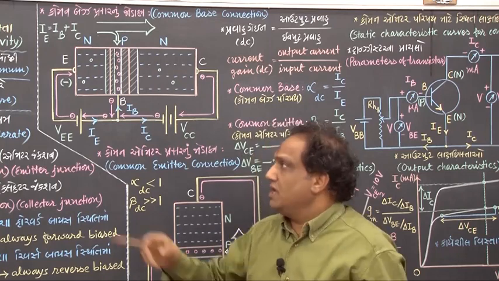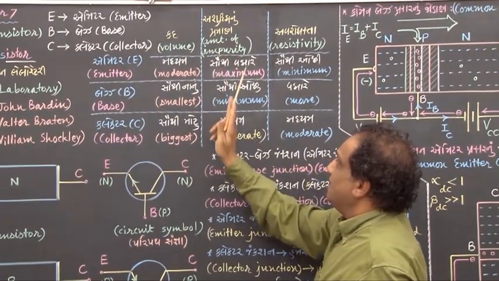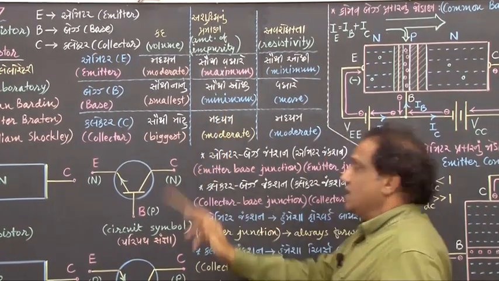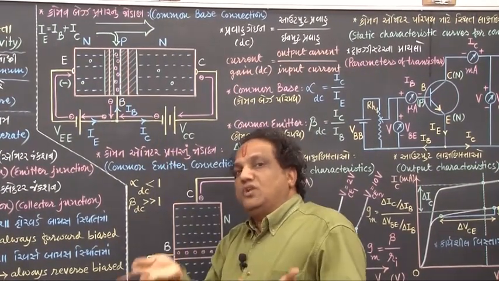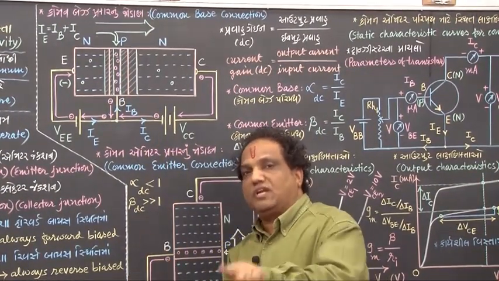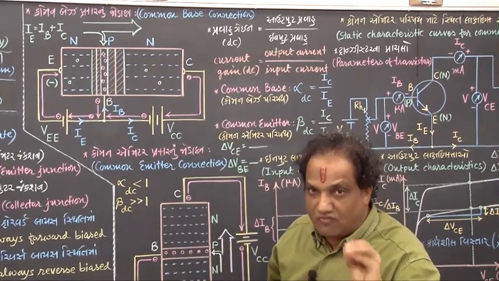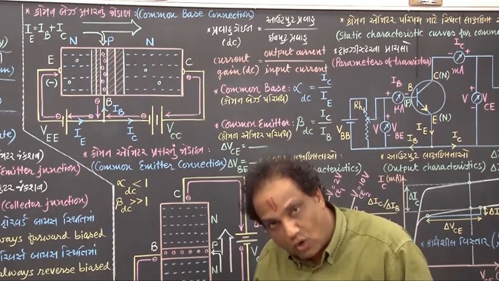And one thing more, in the base the amount of impurity is minimum. Because the amount of impurity is minimum, the number of holes itself is minimum, reducing the chances for combination of electron and hole. In practice, we find hardly 5% of electrons entering from the emitter into the base associate with the holes.